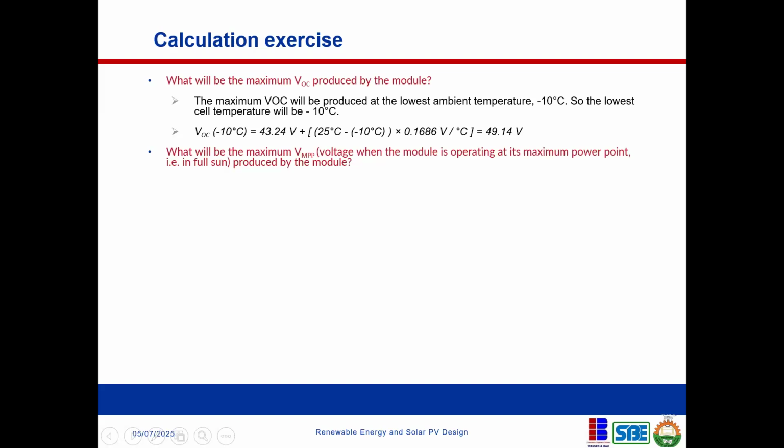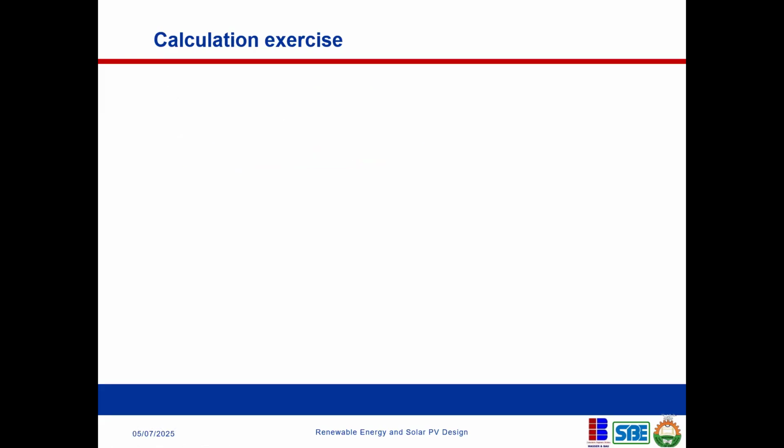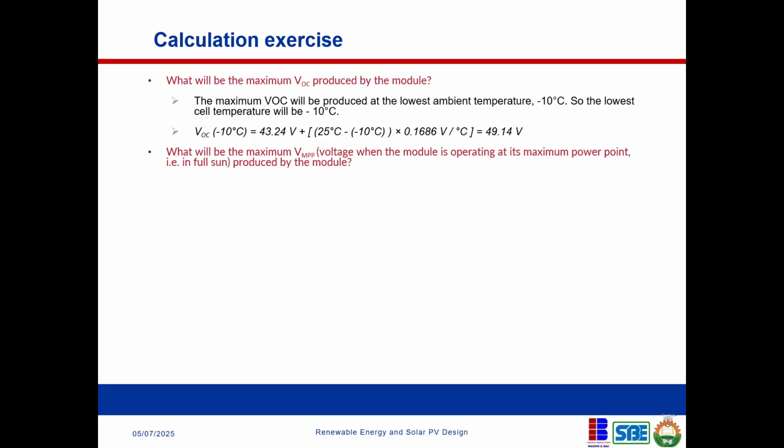Now, the question is asking us, at -10, what would be the open circuit voltage? So we already know that the open circuit voltage is 43.24, right? Now, when the temperature goes to -10, what would it be? So the standard test condition is 25 degrees centigrade minus -10 times 0. So this is the voltage gain for every temperature reduction, every drop in temperature.